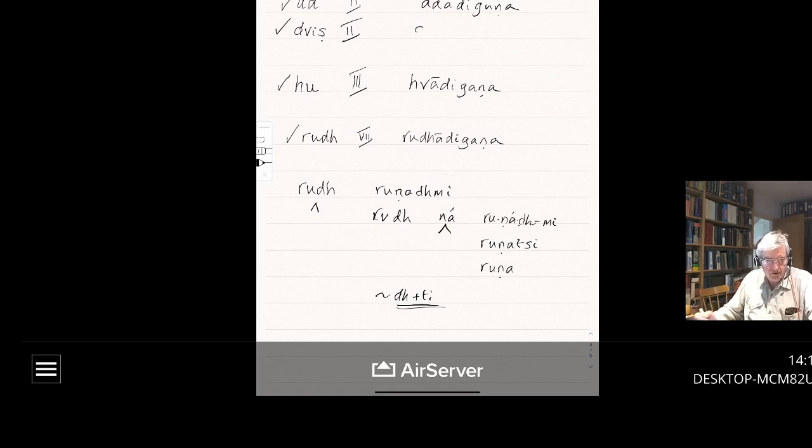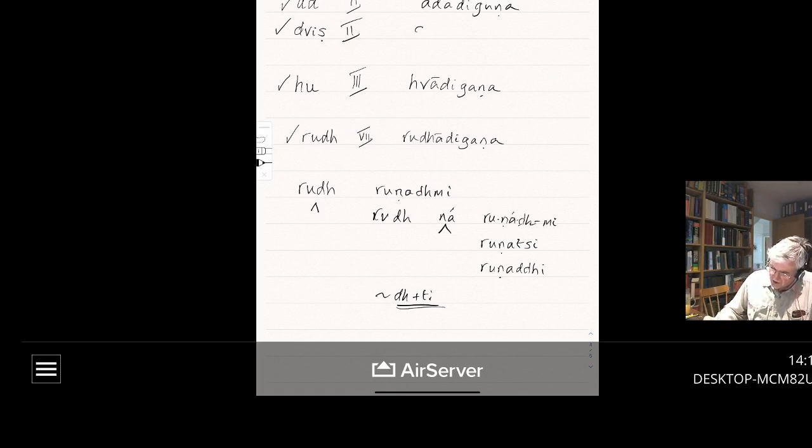It becomes a double dh, as in buddha is Buddha. Similarly here, runadhti becomes runaddhi. This is actually a perfectly regular formation within sandhi. And that's for the stressed forms.